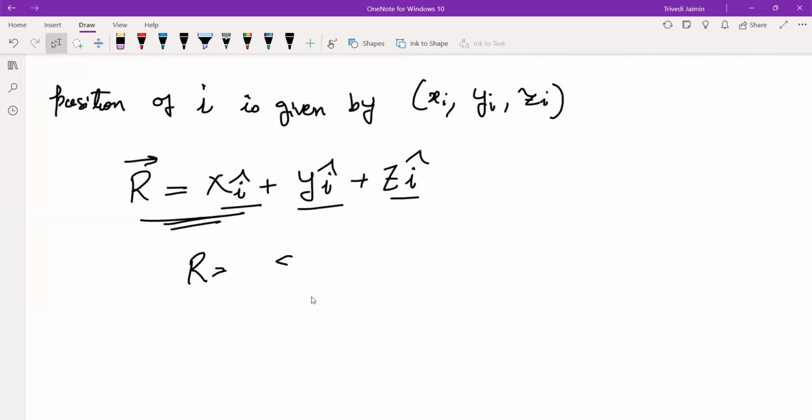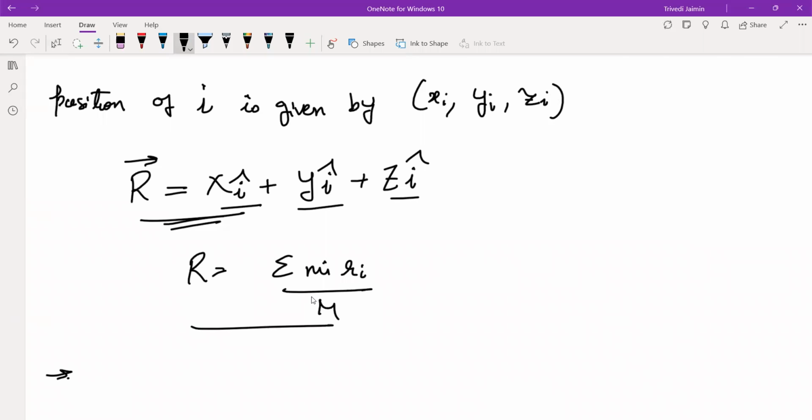So summation of mi ri by M. By this we can say it is distributed in these small terms.